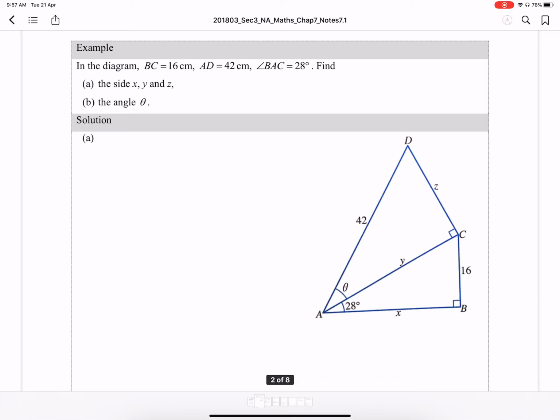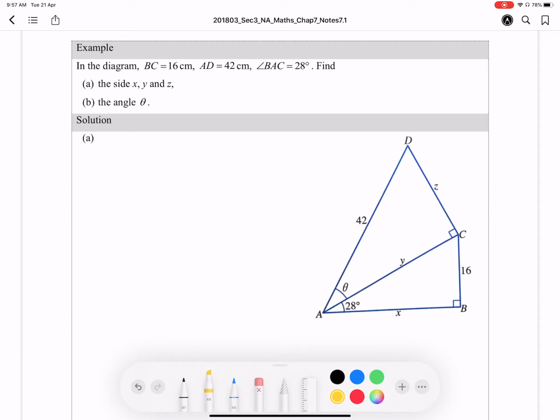The first question is to find the side X. We can draw a small triangle here just to highlight the triangle that we want to focus on. This is A, B, and C. You have the side 16, you have X that you need to find, and you have 28 degrees.